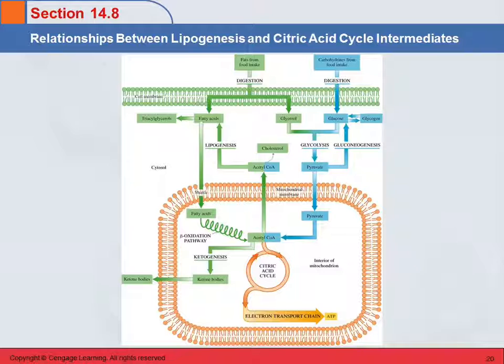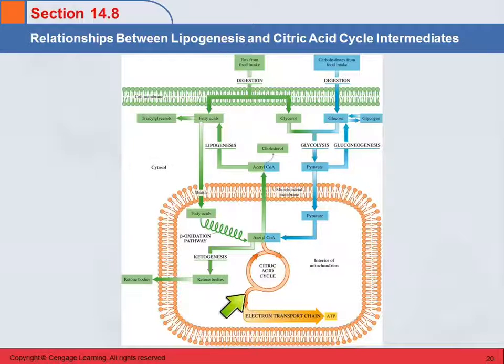So this is kind of the overview of carbohydrate and lipid metabolism. Carbohydrates undergo digestion to form glucose, and they can go through glycolysis to form pyruvate. The pyruvate can form acetyl-CoA and get into the citric acid cycle.